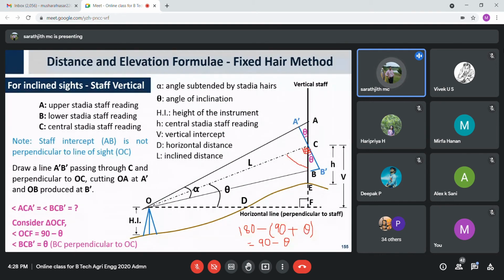So what would be this angle? This angle would be 90 minus 90 minus theta, which is theta. Is that true?